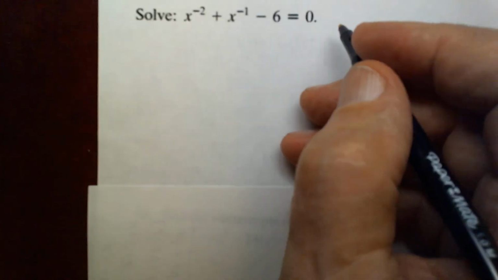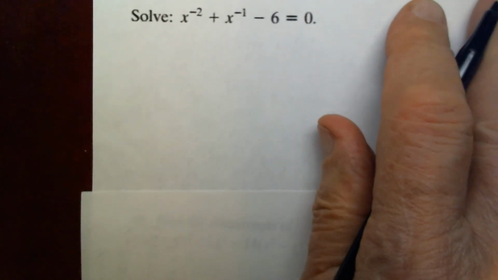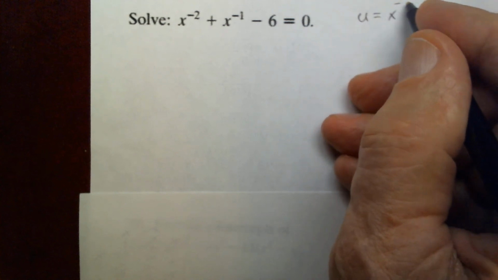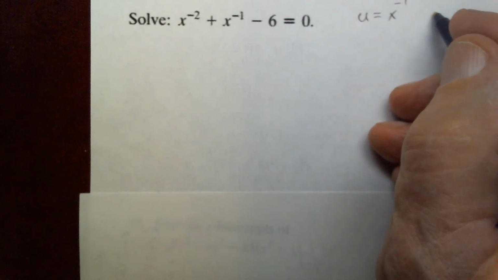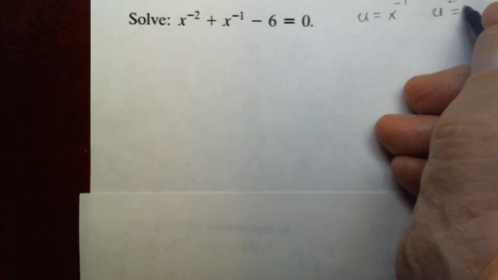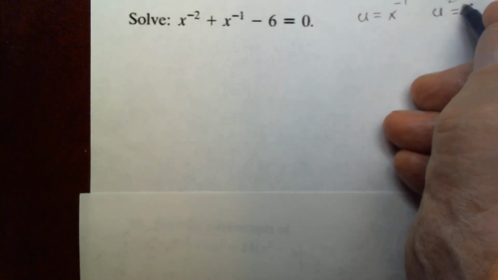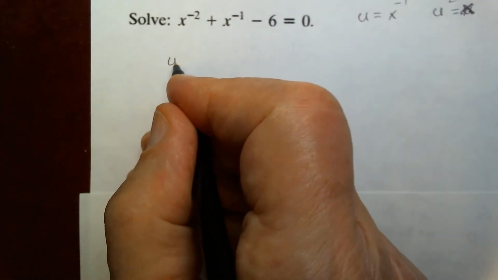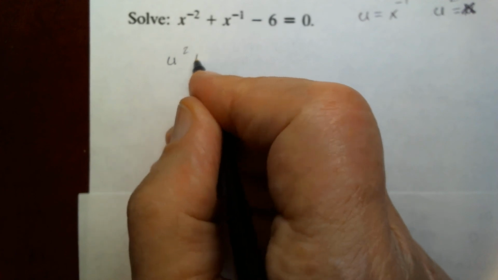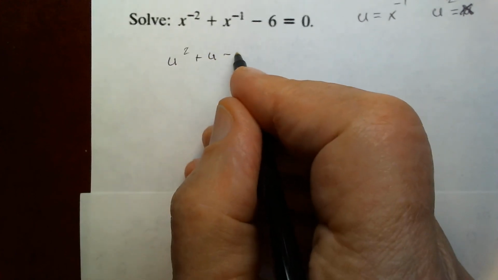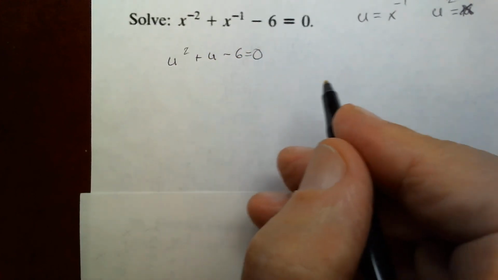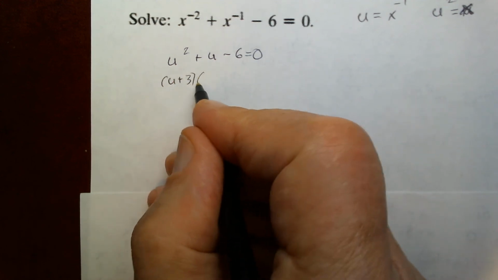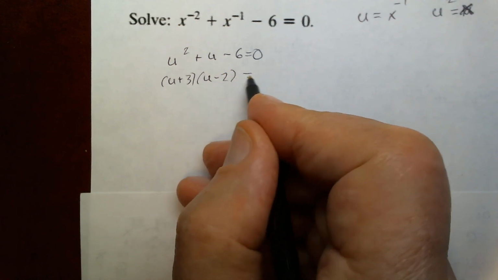For the next exercise, we can use a similar substitution. We can let u equal x to the minus 1, and then u squared equals x to the minus second power. So then we get u squared plus u minus 6 equals 0, and we can factor that into u plus 3 times u minus 2 equals 0.